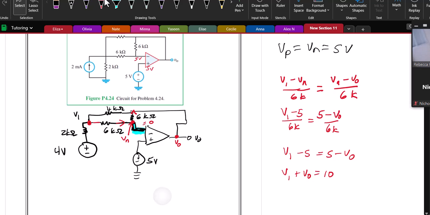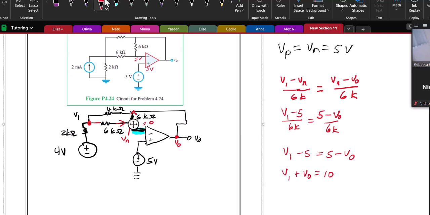And then I can also do a little bit of KCL at V1. So kind of like nodal analysis, I'm going to sum up all the currents at V1 and set them equal to 0.